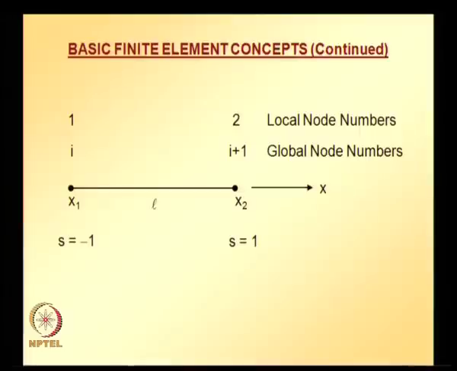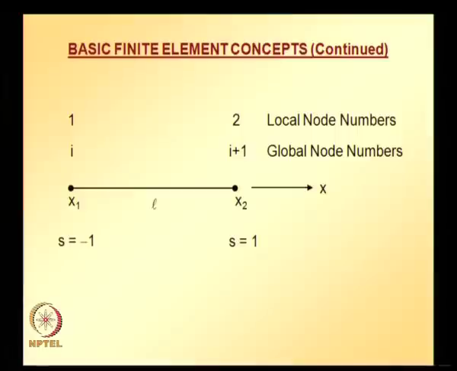So, what I will introduce is that I will map this x1 value to s is equal to -1, x2 to s is equal to 1. What is the advantage of this mapping? It makes integration simpler, since the limits become from -1 to 1 instead of x1 to x2.